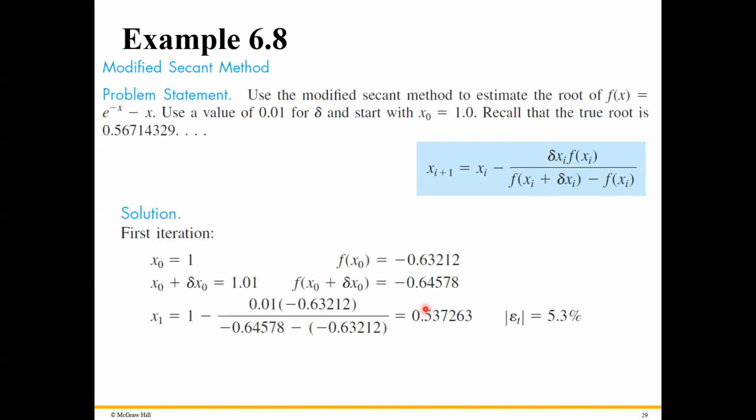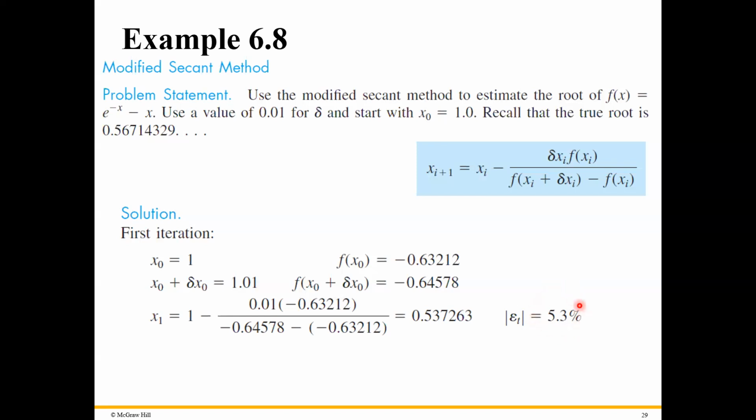Anyway, first iteration. You can see that in the first iteration we are getting a true percentage error of 5.3%. And if I remember, in the secant method, in the first iteration the true percentage error was something like 8%.